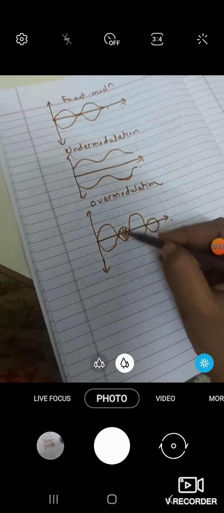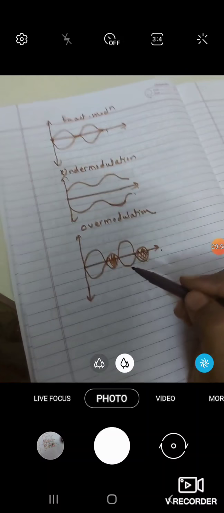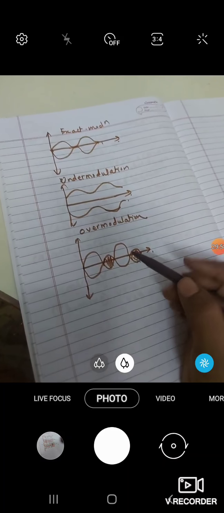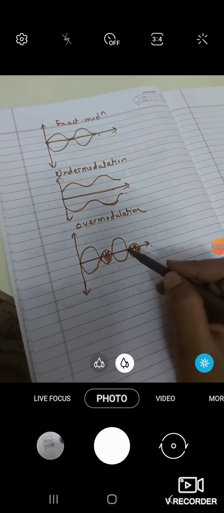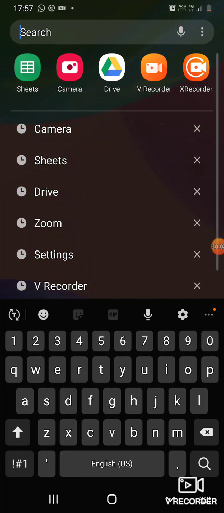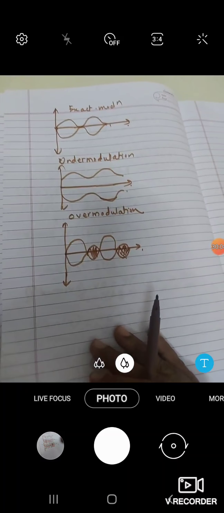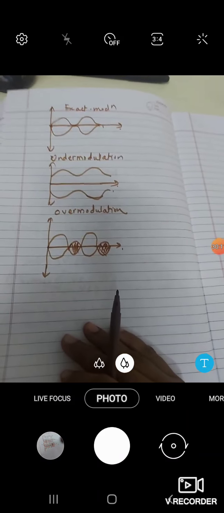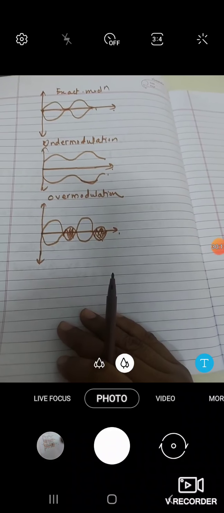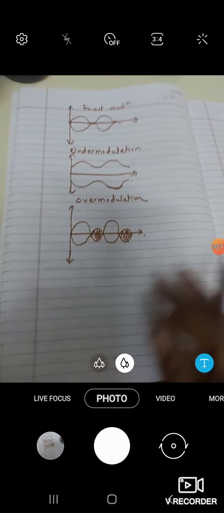This portion here indicates the mixing of two signals, or overlapping of these signals. So in this way the three diagrams are drawn for under modulation, over modulation and exact modulation in an amplitude modulation system.